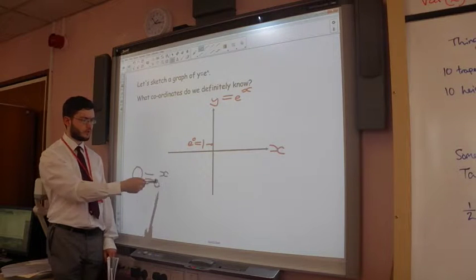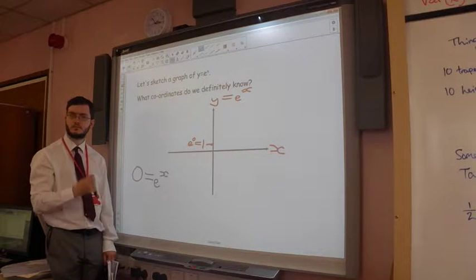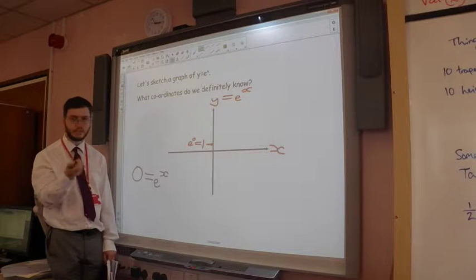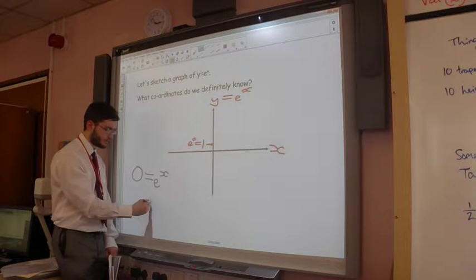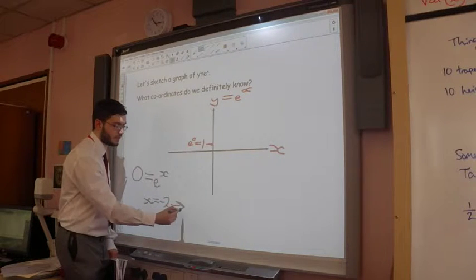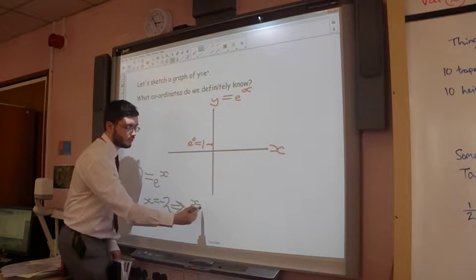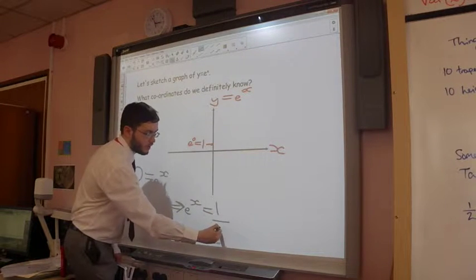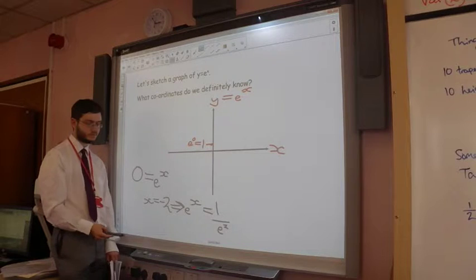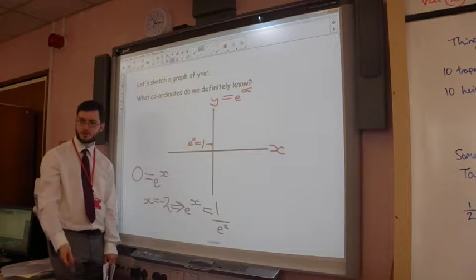Now, what value could x be? Any ideas? I mean, if we had x equals minus 2, then e to the x would equal 1 over e squared. Do you remember that power of the thing? We can have negative powers, we can have positive powers.